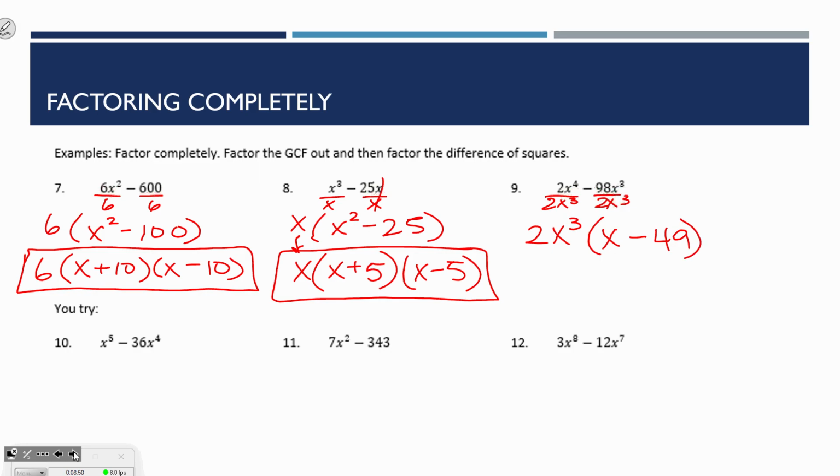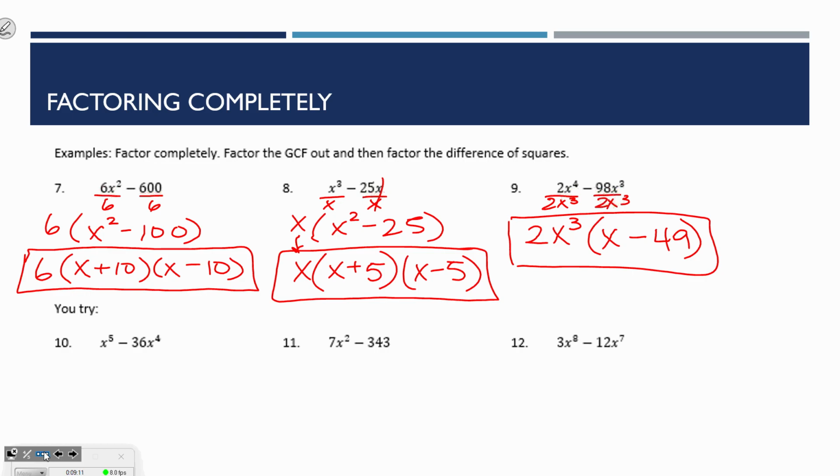Now, x minus 49, that is not a difference of two squares, because x is not a perfect square, right? So I can't factor what's in parentheses anymore. So this one is actually just a greatest common factor.